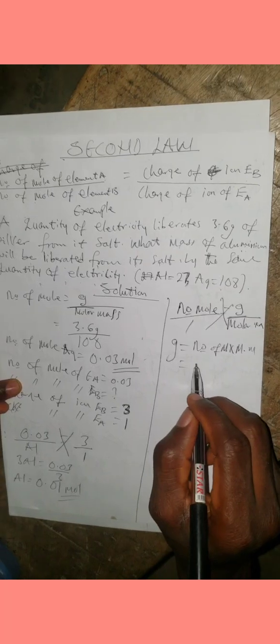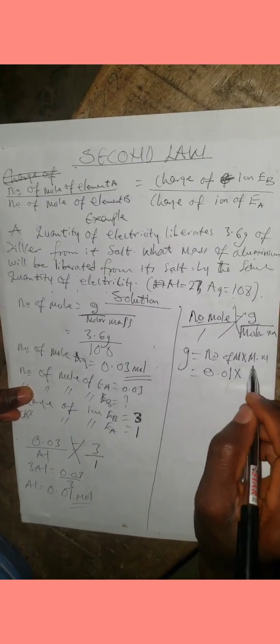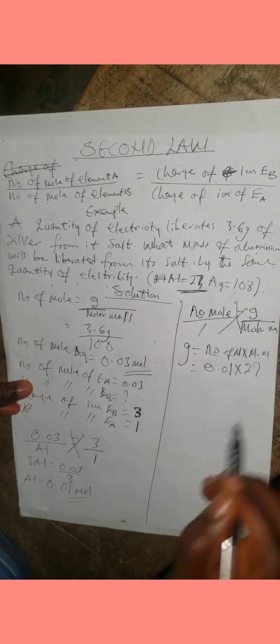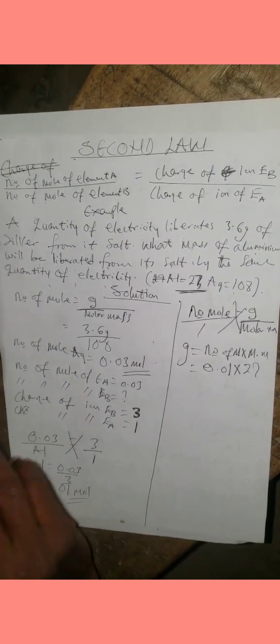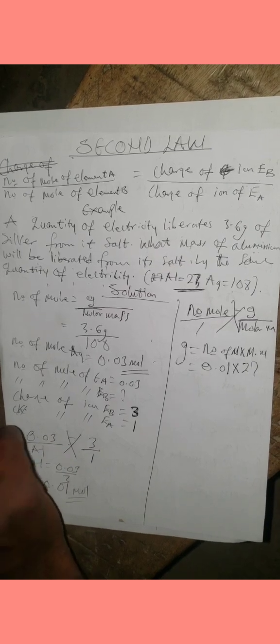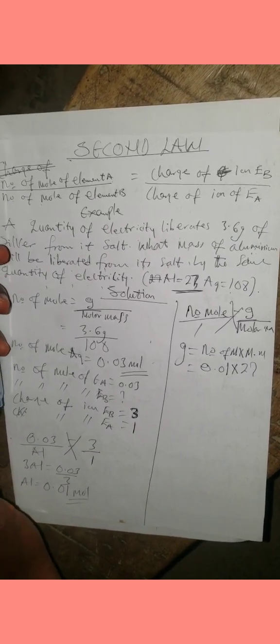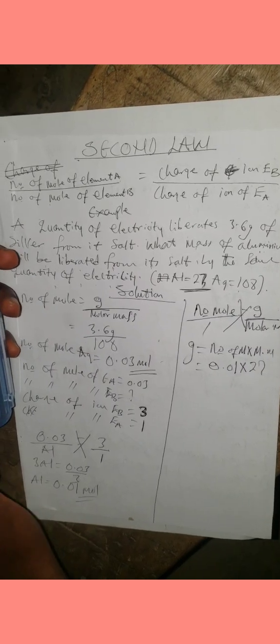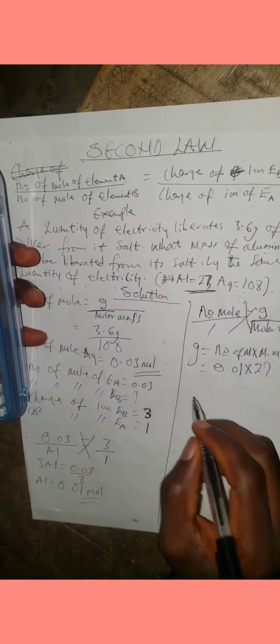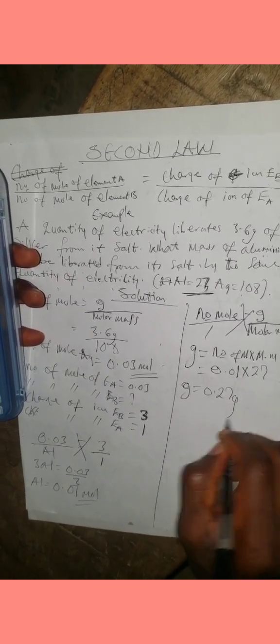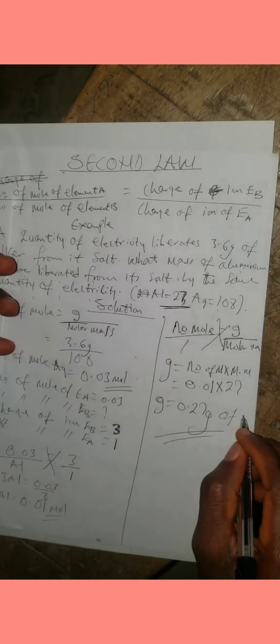The number of mole we have already calculated to be 0.01, times the molar mass of aluminium, which is 27. So if you multiply 0.01 by 27, you should have about 0.27 gram of aluminium. So this is the final answer.